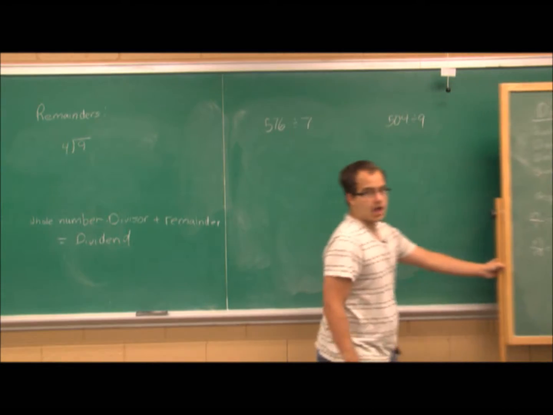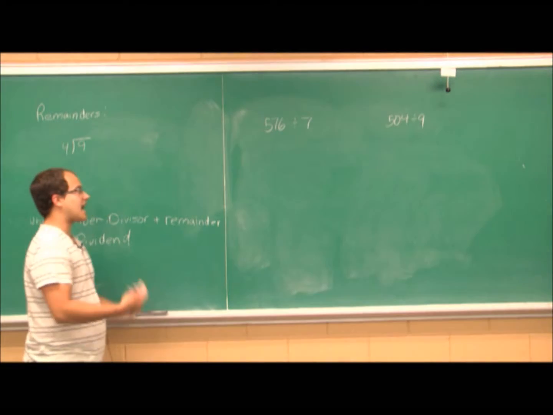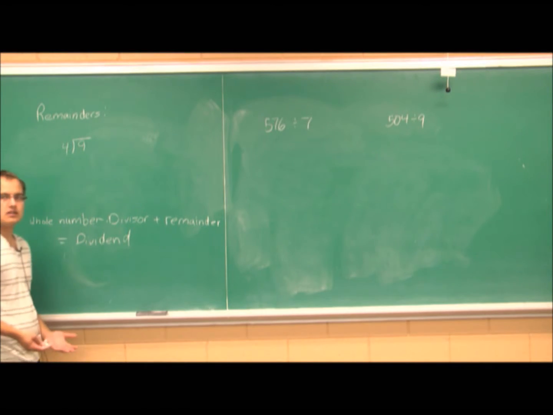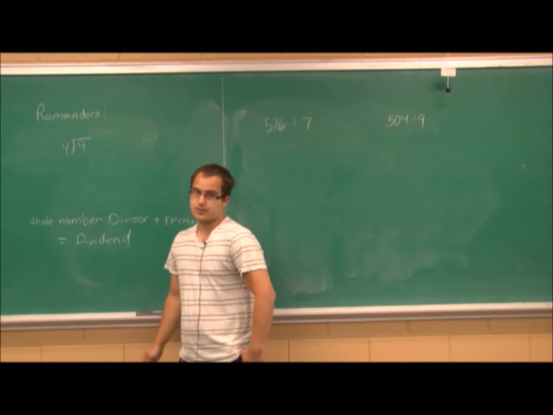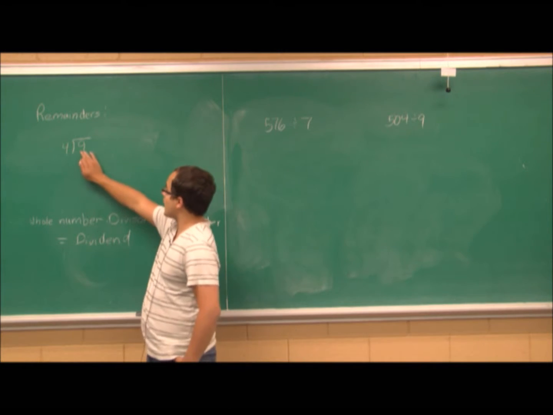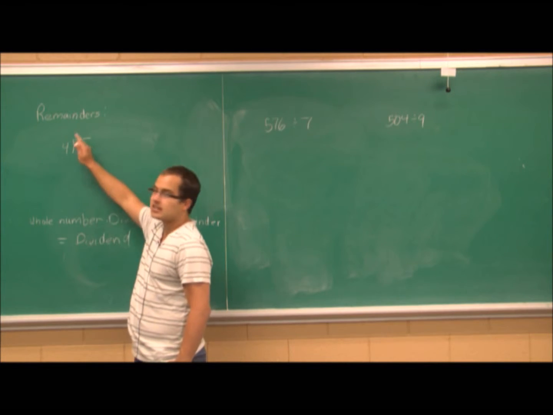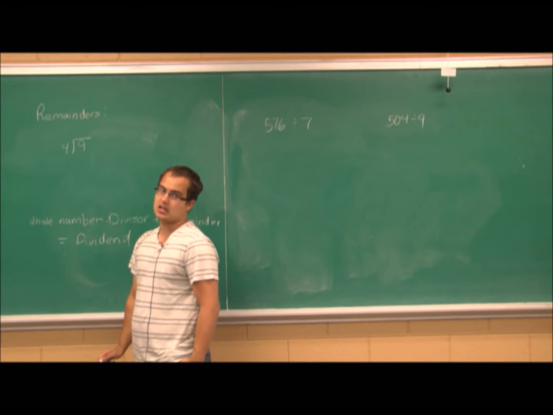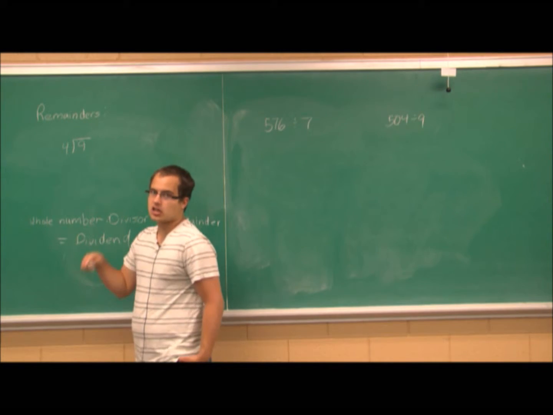Now, sometimes when we do division, it doesn't come out exactly even. And when that happens, we have what are called remainders. So if I do 9 divided by 4, well, there's nothing times 4 that equals 9. So I have to think of the next number smaller than 9.